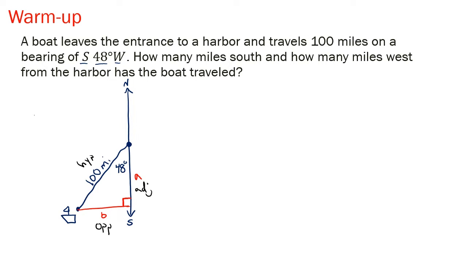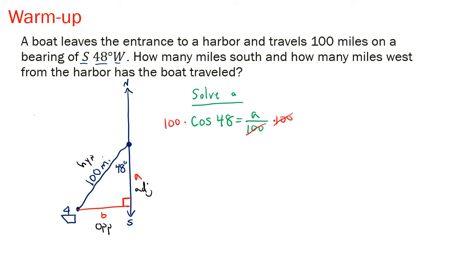So if we're going to solve for A first, we are going to have an adjacent and a hypotenuse, so that is cosine of 48 equals A over the 100. We want to multiply both sides by the 100.